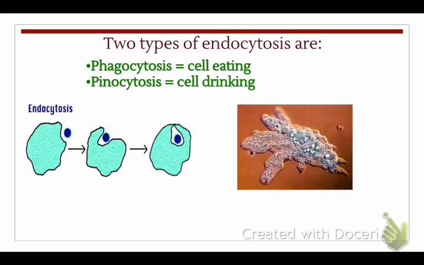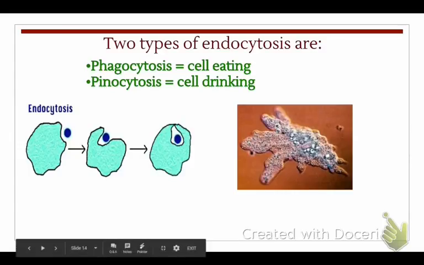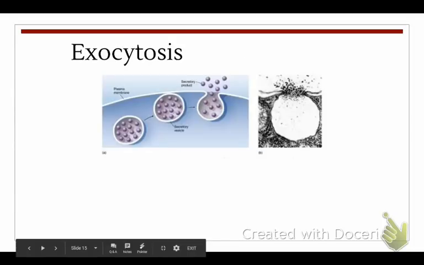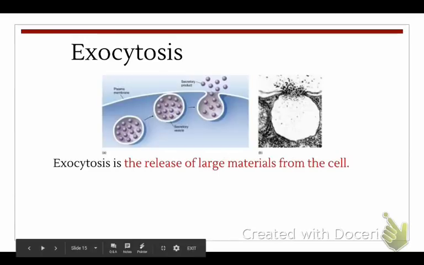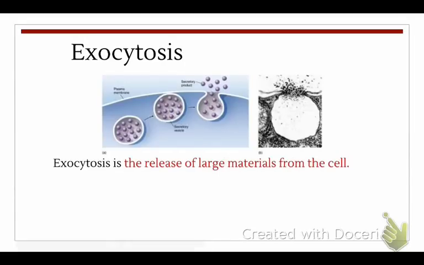All right, the last type of movement we have is exocytosis, which I like to call cell barfing. Okay, it's the release of large materials from the cell. So the vacuole fuses back to the cell membrane and releases all of its contents back out. Right?